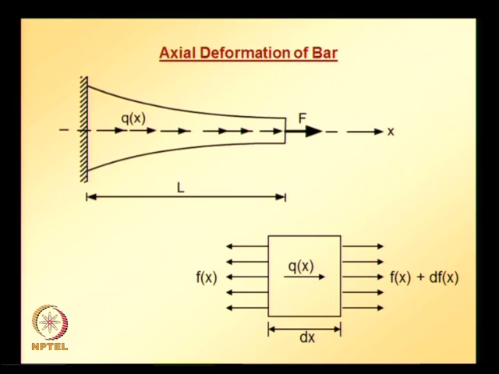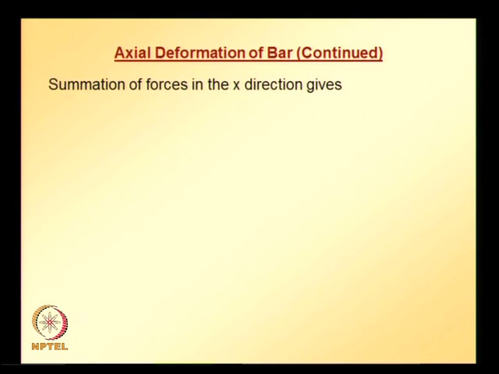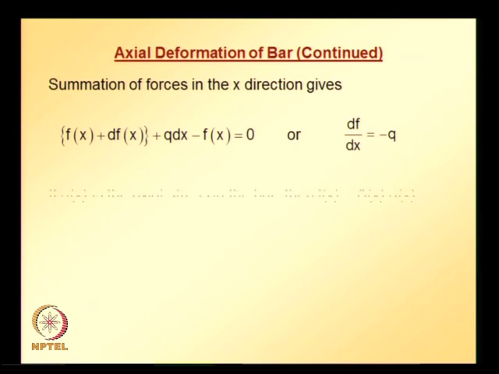So, summing up all the forces along x direction gives us this equation, which can be simplified to this form: derivative of F with respect to x is equal to minus Q.